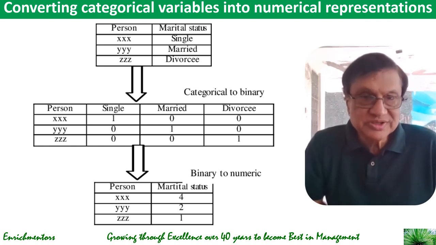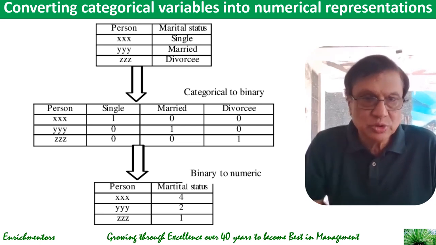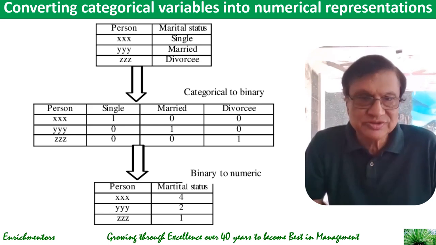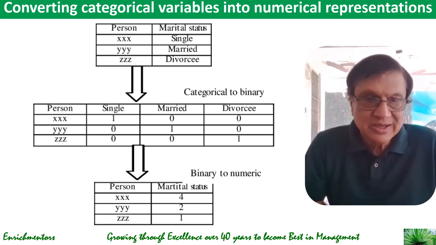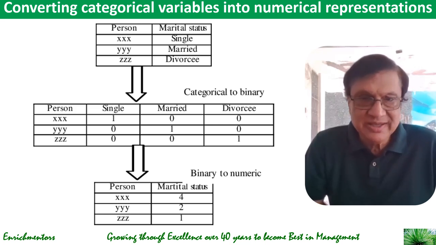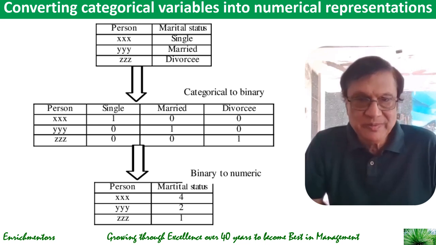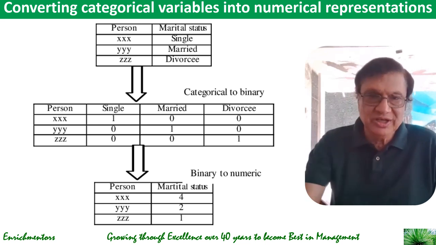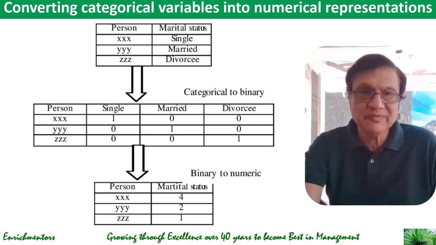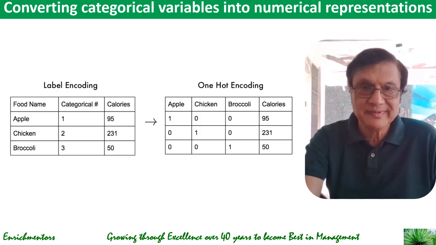So what you do is you convert them into combinations of single digits, 1 and 0, binary. So you make categories like single, married and divorced, as you see here in the middle of the figure. And then wherever there is a person in that category, you give 1 and otherwise you give 0. And that's how you do that. And depending on the number of people, you could even convert binary into numerical data for the computer to read properly.